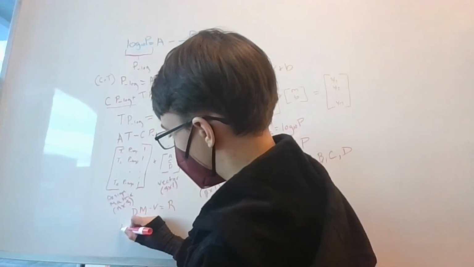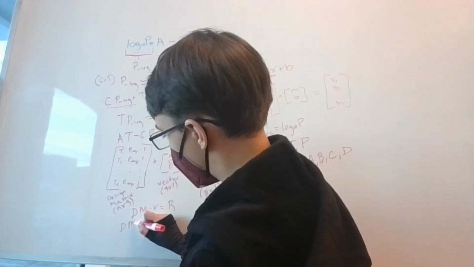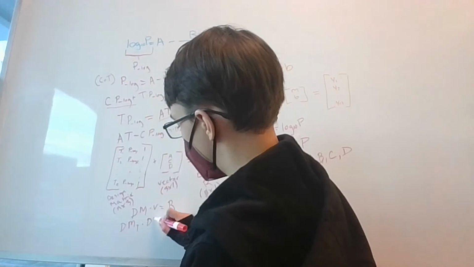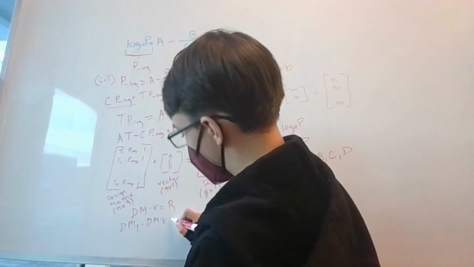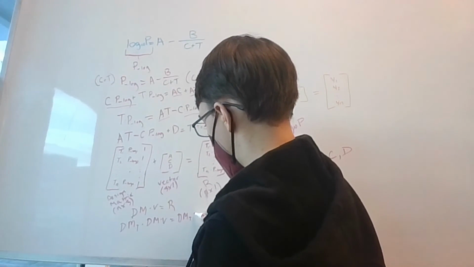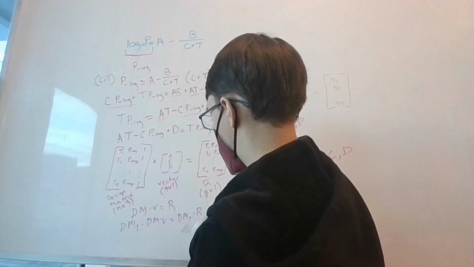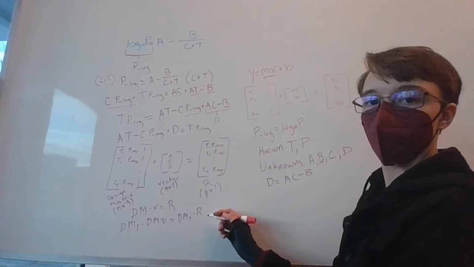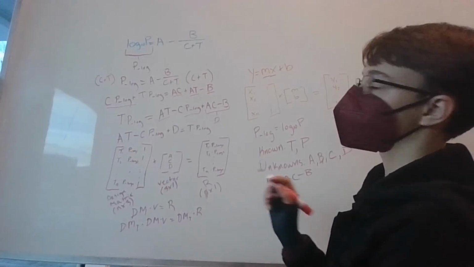So we'll call that dmt. So I have dmt times dm times b equals dmt times r. And then we're going to use that equation to solve for our linear regression.